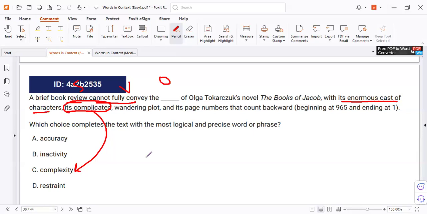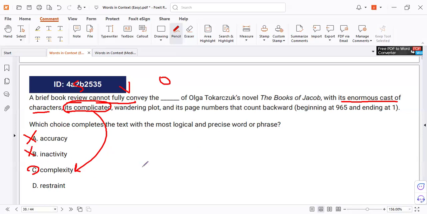Complexity means something has a lot of details, a lot of characters and a wandering plot, pages, number. This is a very complex novel or brief book review. It has a lot of details. So this means complexity. We're not talking about whether it's accurate or not. There is no evidence about it. The review is accurate or wrong, true or untrue, no evidence about that. Inactivity, how?